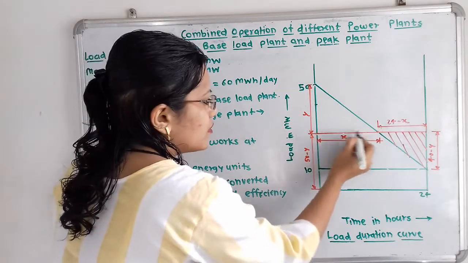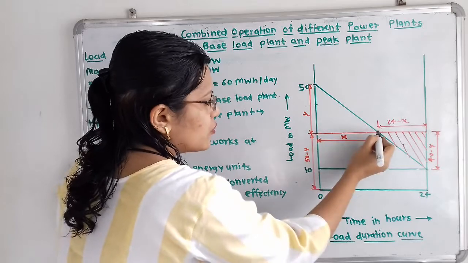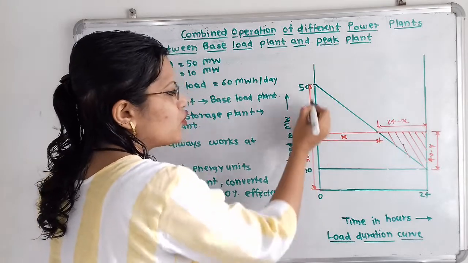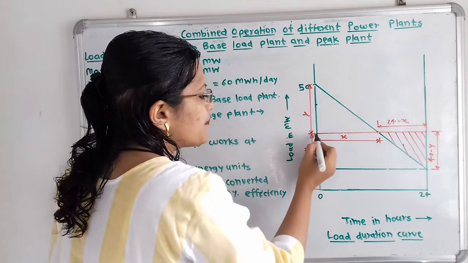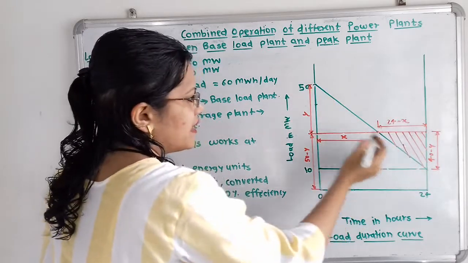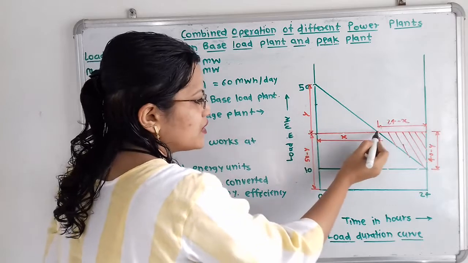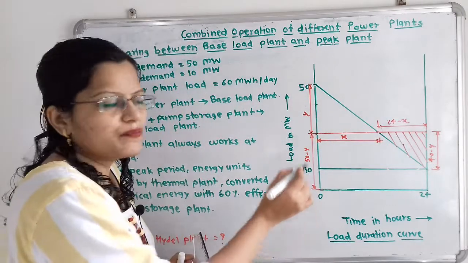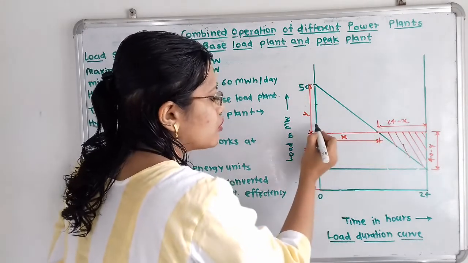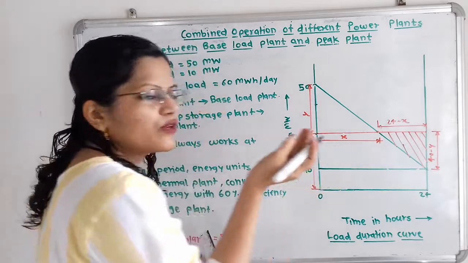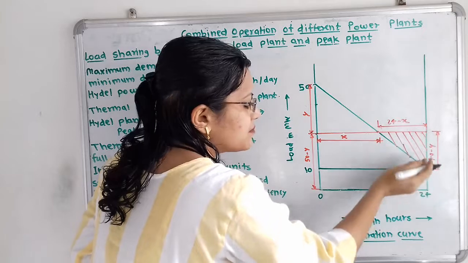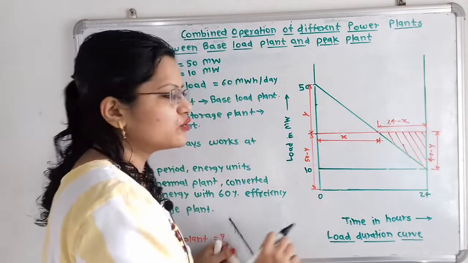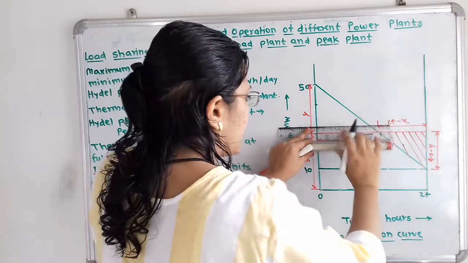So the load above this horizontal line is nothing but the load for the peak load plant. The energy units generated are nothing but the area of this whole triangle. But we only have to show some area from this triangle, the area that is covered because of this energy unit. So I will show this area.